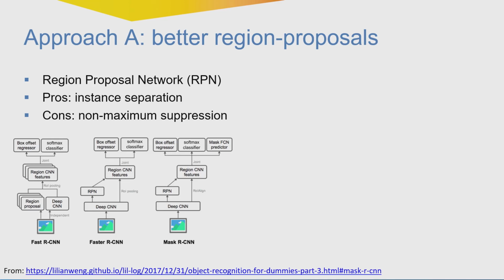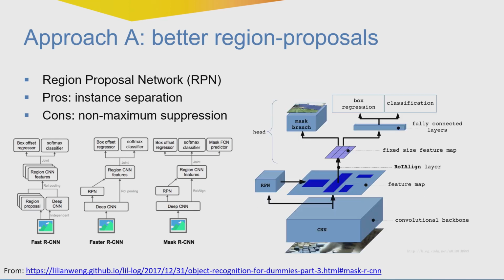Afterwards, with the Faster RCNN, they have a convolutional backbone, a convolutional network that extracts features from the image. On top of these features, you have another network that learns to generate region proposals, meaning bounding boxes of different shapes and so on. These are candidate regions that might have an object according to this network.